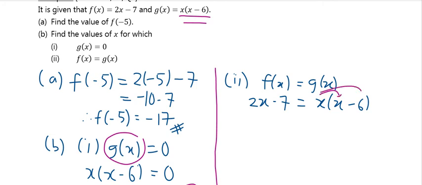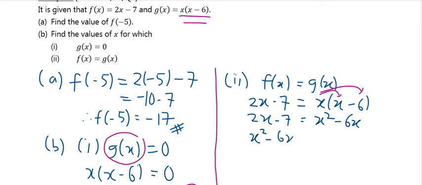So when you try to expand this, 2x minus 7 equal x squared minus 6x. Now, when you see here, you have x squared minus 6x, and then on the right side is 2x minus 7. So here, let me just flip this, because they're basically the same.